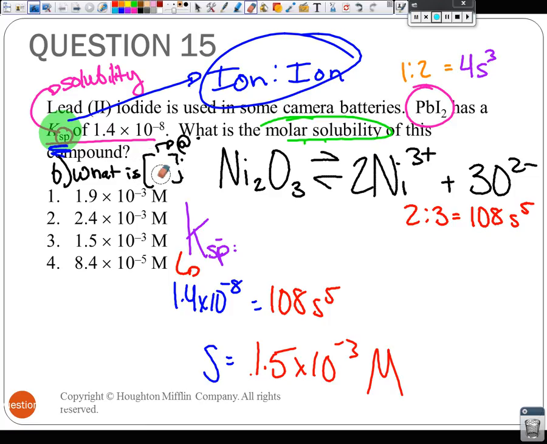What if it wanted the oxygen concentration? What would you do to it? You triple it. So what do you pay attention to? Pay attention to these coefficients. So, if they ask you for the molar solubility, which is S, are you good with this answer? But what if they ask you about a specific ion? Pay attention to the coefficients. Go ahead.